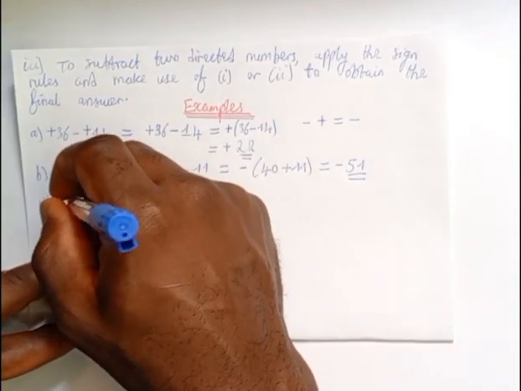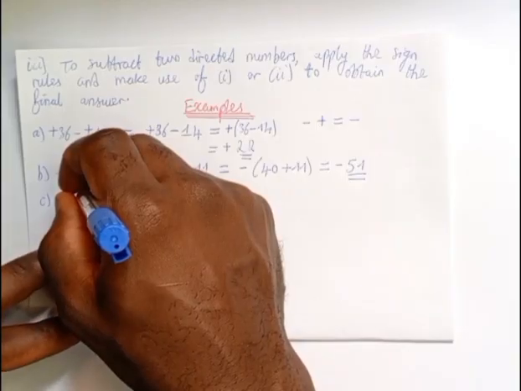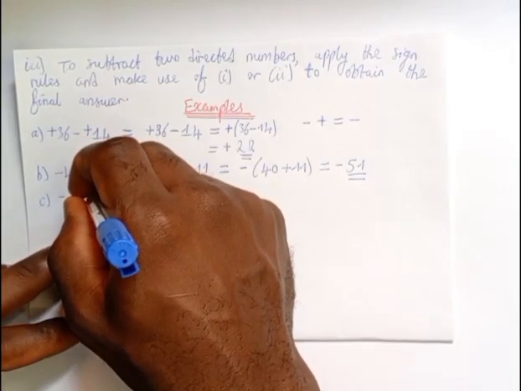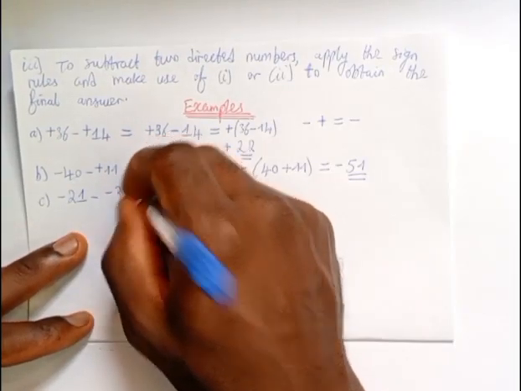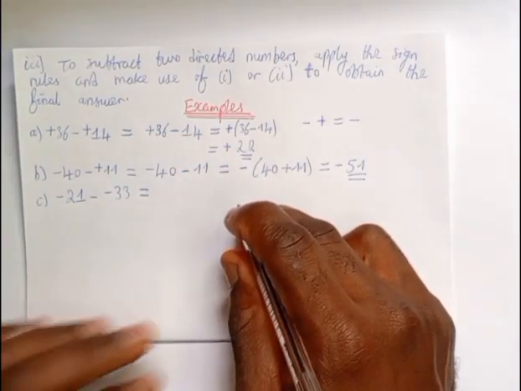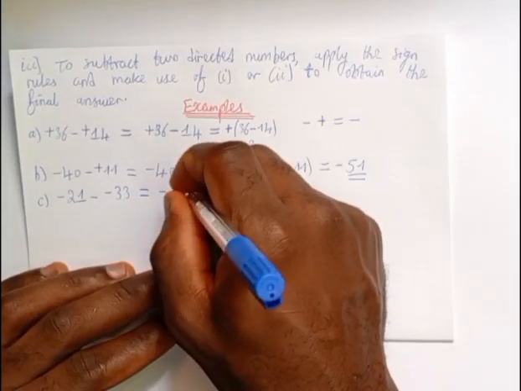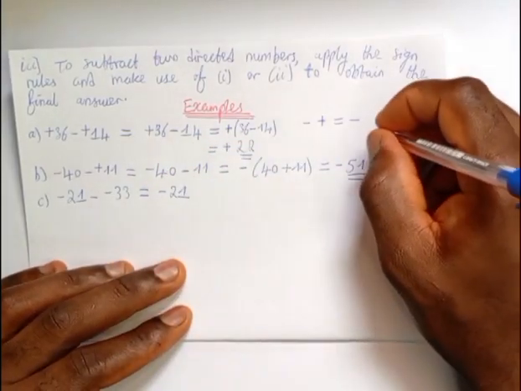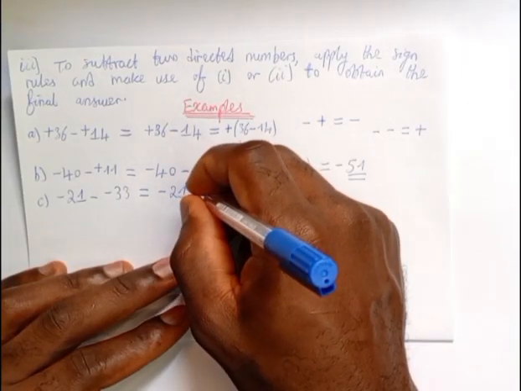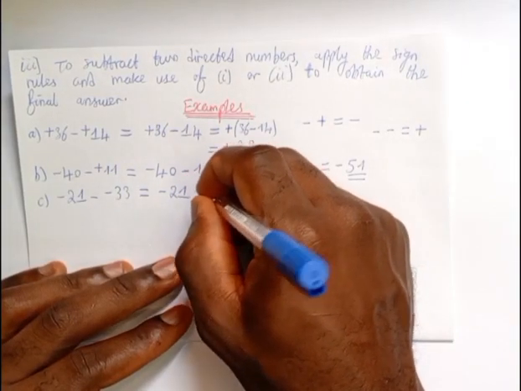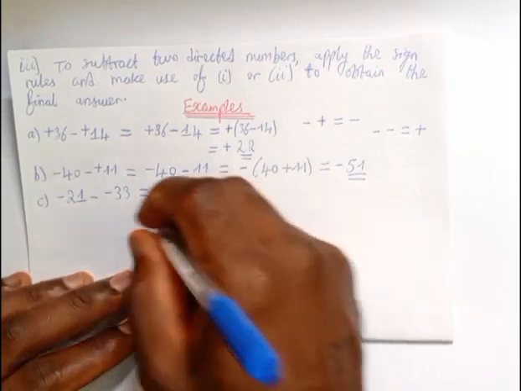We go to C. For C, we have negative 21 minus negative 33. This will simply be equal to, applying the sign rule, this will give us negative 21. When we have two negative signs, the resulting sign is positive. Negative 21 plus 33.